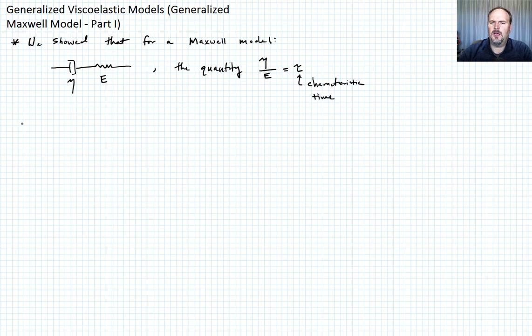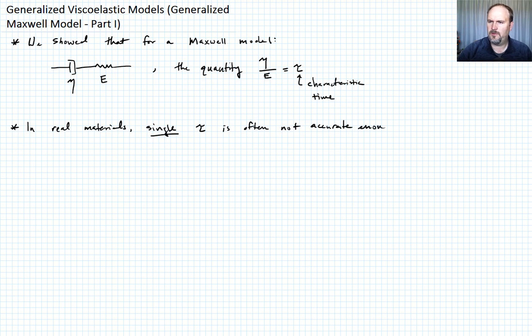Now, in real materials, a single characteristic time, so our single tau, is often not accurate enough. So what do we need to do?